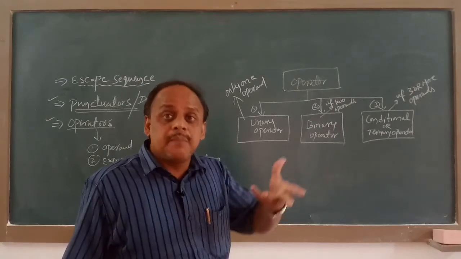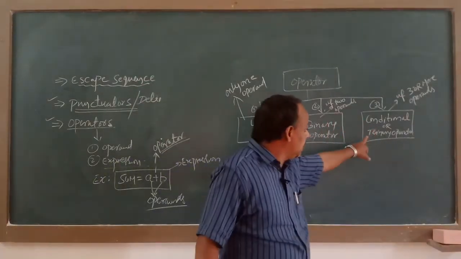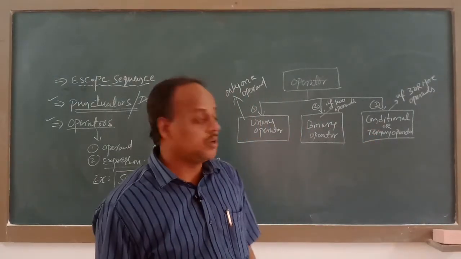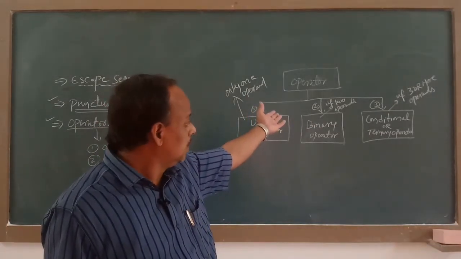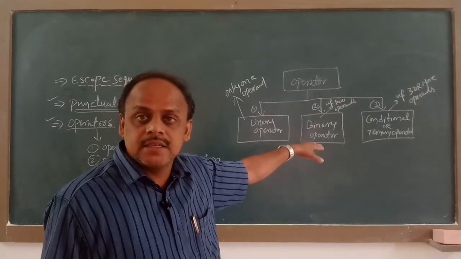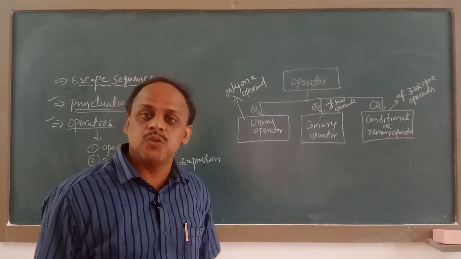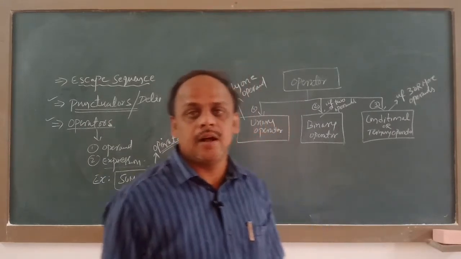Suppose we have three or more operands, then we have to use only the conditional or ternary operator, right? So on the basis of operands, operators are classified into three types: unary operator, binary operator and ternary operator.